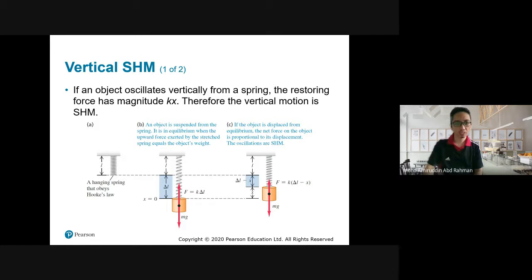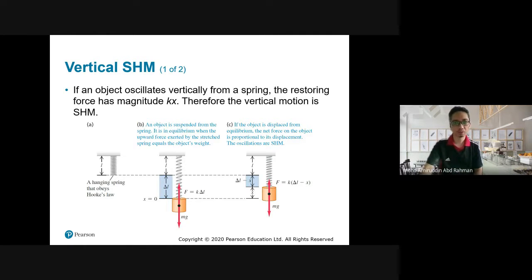The displacement will still follow simple harmonic motion. We go back to its own position, then go downward and go back upward again.